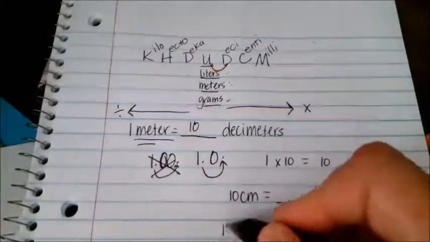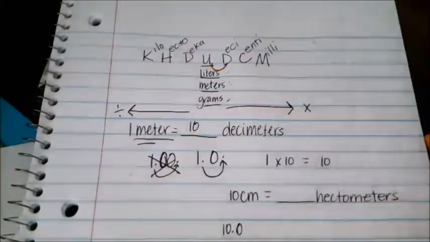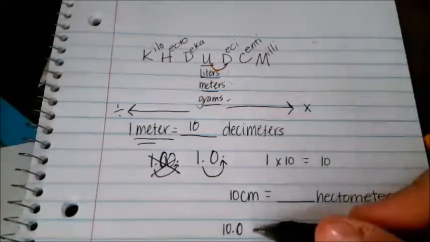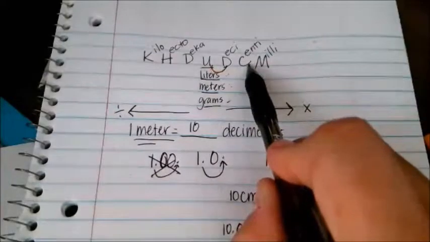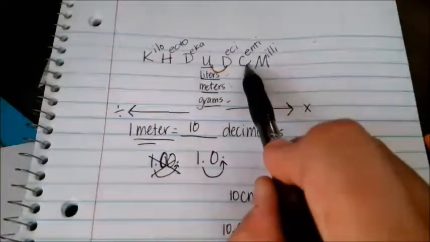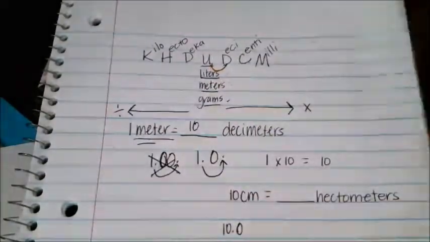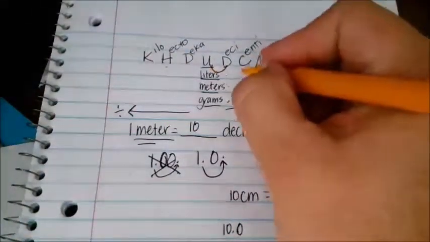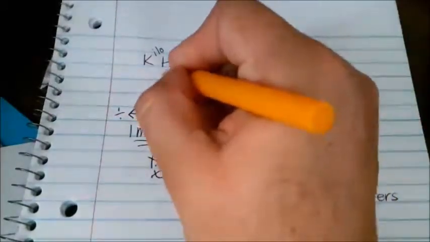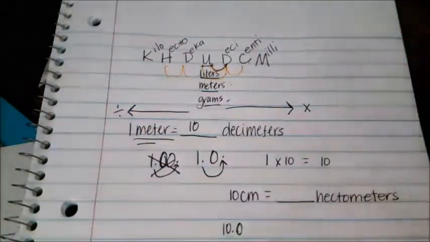Well, if I rewrite 10 with a decimal point and a 0, because every number has a decimal point and a 0, here are my centimeters. Follow me? I put my pen there. And I need to move back to hectometers. 1, 2, 3, 4.